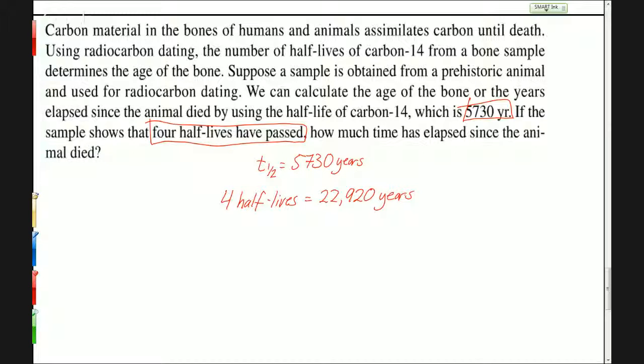You can get a little closer than that, but it's mostly for very, very old things, many, many half-lives. And there are other isotopes as well that show the same effect, and we can use radioisotope dating with things other than carbon as well. Well, by we, I mean people. I don't know how to do that. So this is for like dinosaurs? Yeah. That's how we know how old dinosaurs and stuff are.